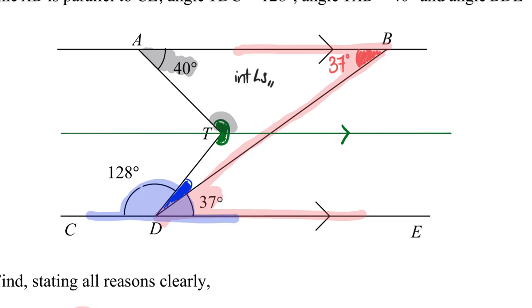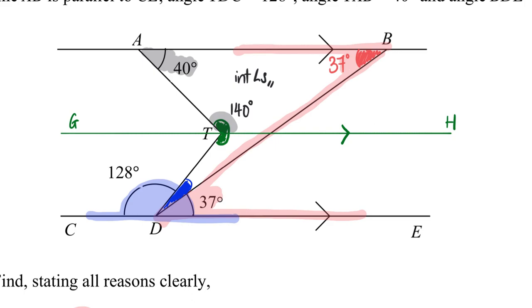And so this will be equal to 140 degrees, yeah? Because they add up to 180 degrees. So to help us solve for this, I'm going to name this parallel line GH, so that I can later on in my working write down ATH.